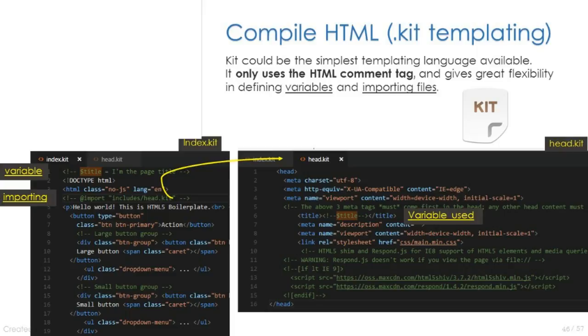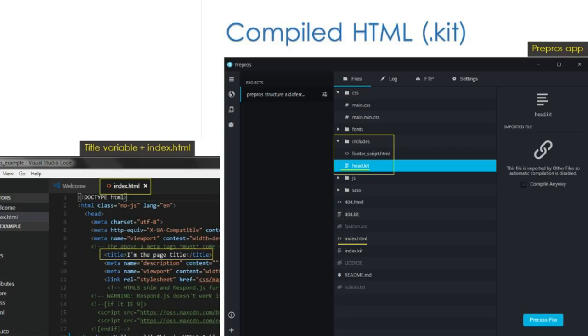As you can see in the example, on the left of your page, you have index.kit that includes one variable that is the title of my page. And I also include what you have on your right, which is another file in another folder structured with other files like header, footer, and so on. And this head.kit includes, for example, my meta tag, and it can be imported automatically in the index.kit.